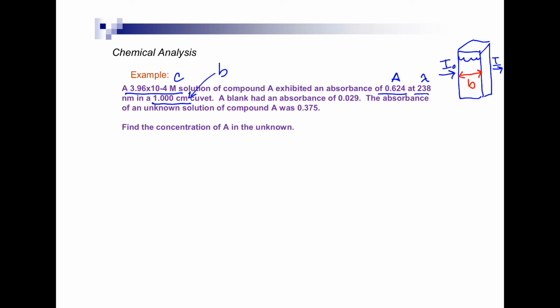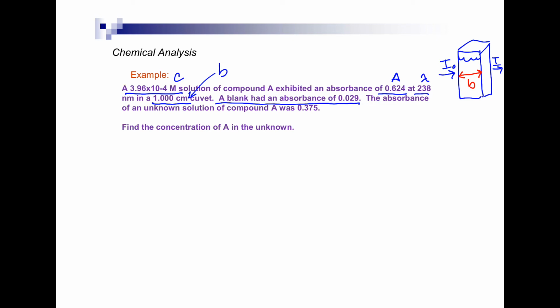Now the problem also says a blank had an absorbance of 0.029. And the reason why that's important is because the blank represents the solution that our analyte is swimming around in. And so our analyte is only absorbing the difference between these two numbers.